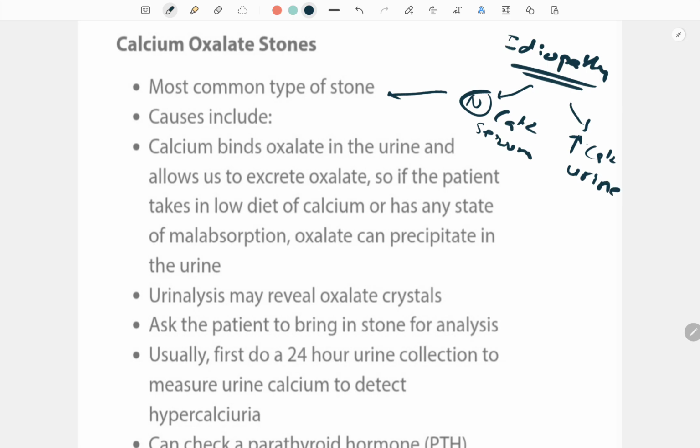So what we call normocalcemia and hypercalciuria will be most commonly seen in idiopathic kidney stones.